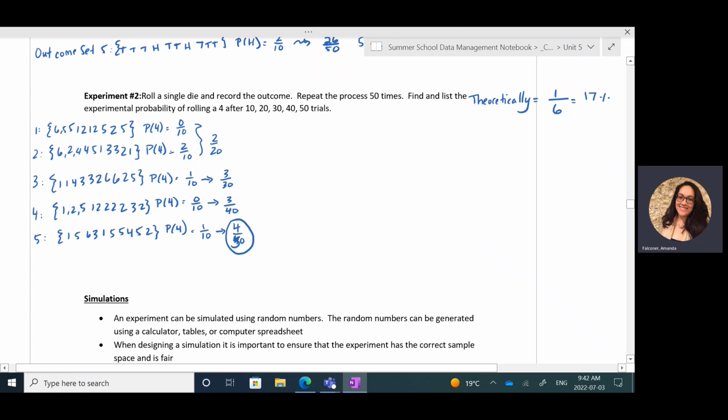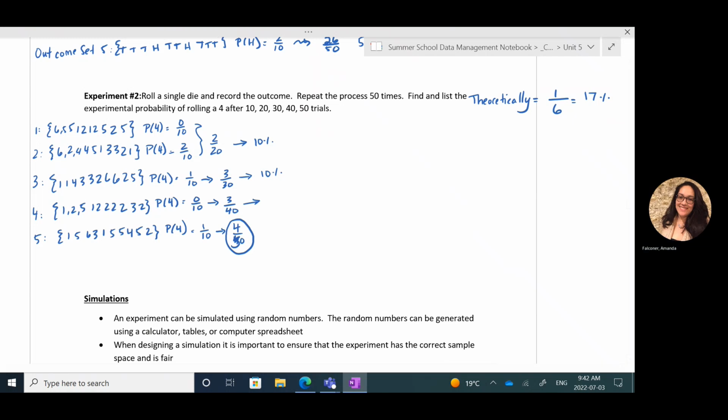Now, when we first started out, we had 0%. The 2 out of 20 was 10% likelihood. The 3 out of 30 was also 10%. Then we got to 3 out of 40, which was 8%.